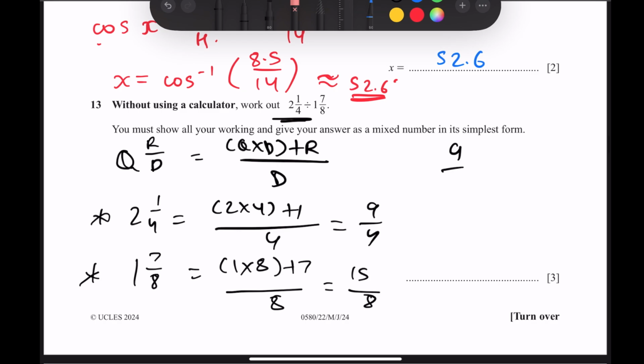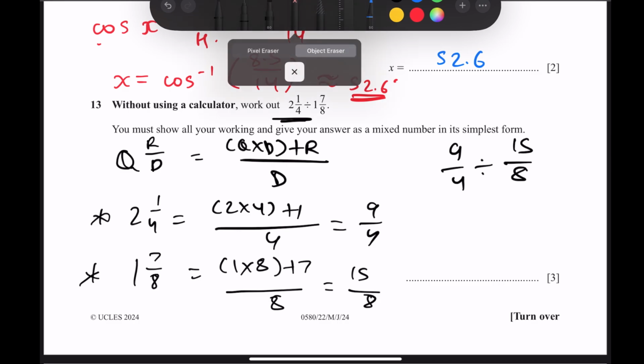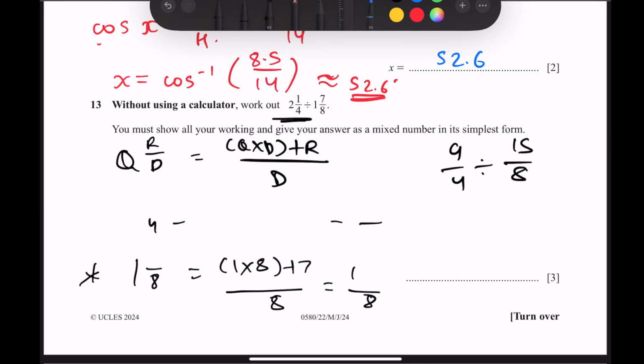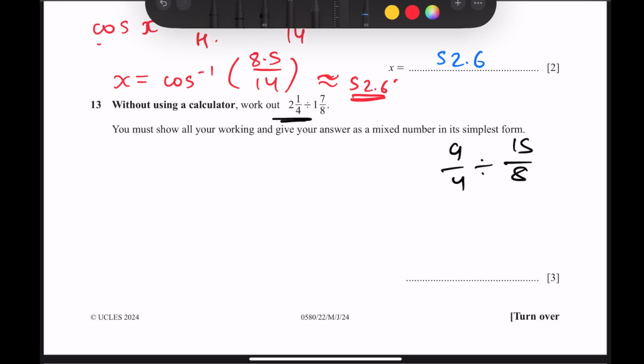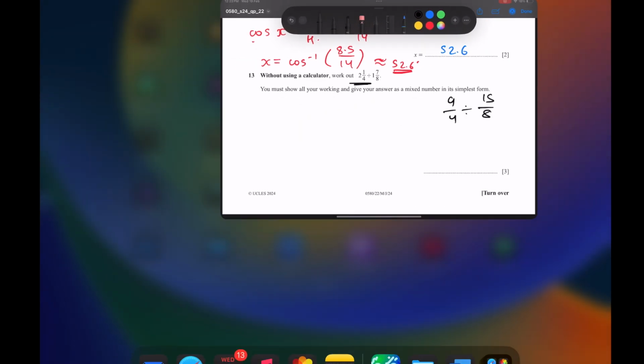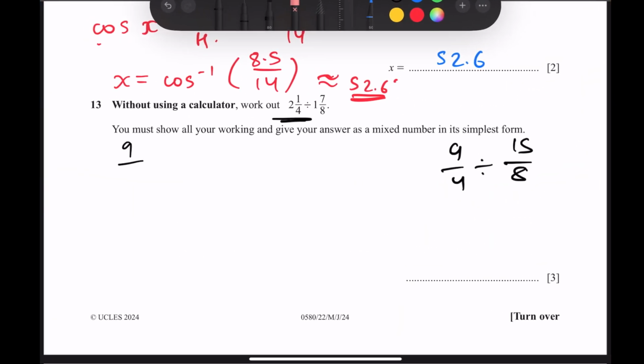I'll put these on the side so I can erase the space over here for further working. Now with this done, 9 by 4 divided by 15 by 8.